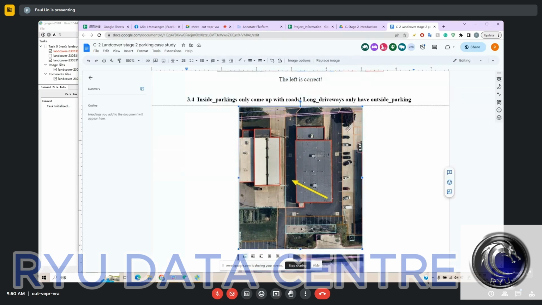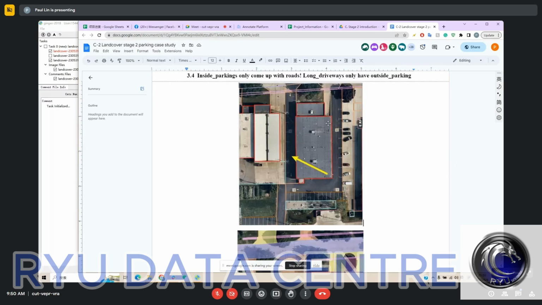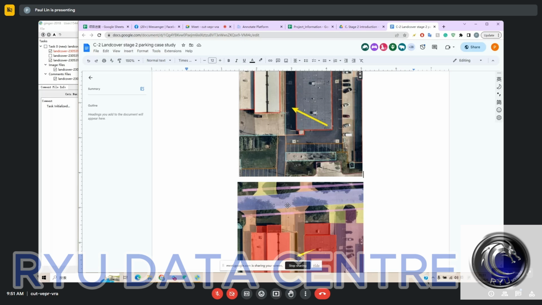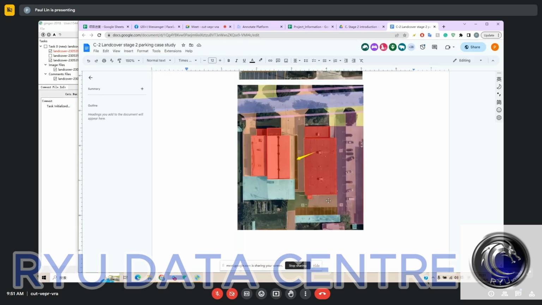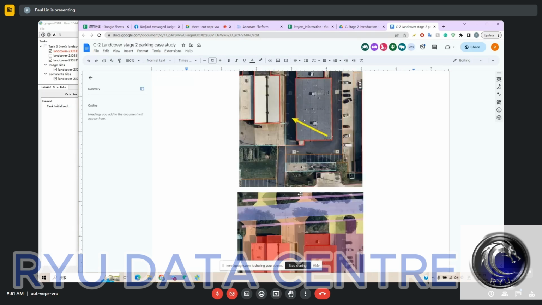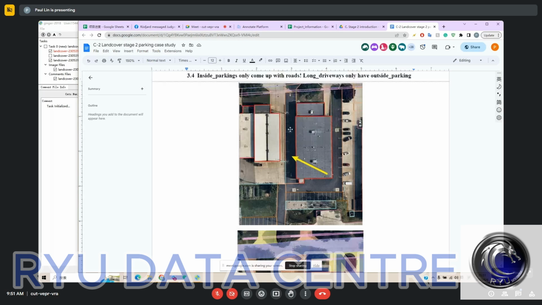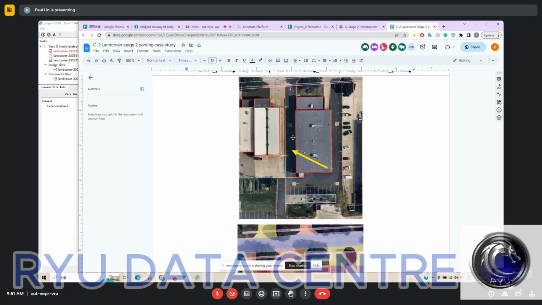Next is that inside parking only comes with road. Long driveways only have outside parking. So if you see inside parking captured along the long driveway, then that is wrong. That is very wrong. We don't draw the inside parking for driveways. We only draw it for road, and long driveways only have outside parking.